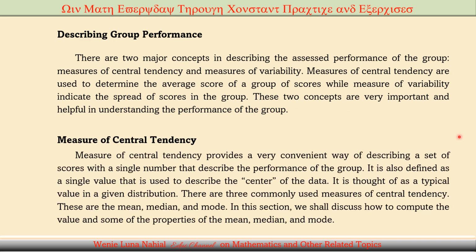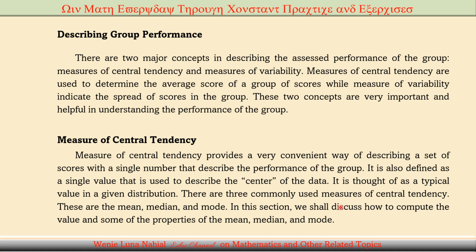So we have here the measure of central tendency. It provides a very convenient way of describing a set of scores with a single number that describes the performance of the group. It is also defined as a single value that is used to describe the center of the data. It is thought of as a typical value in a given distribution.